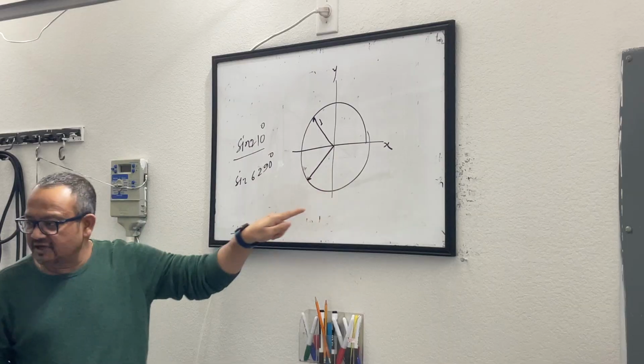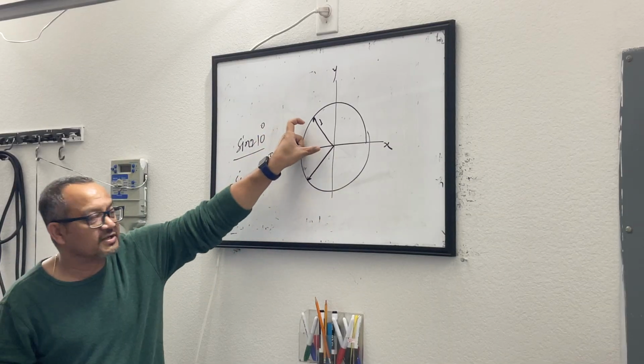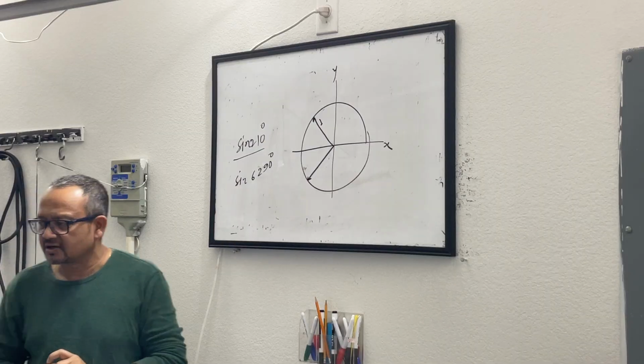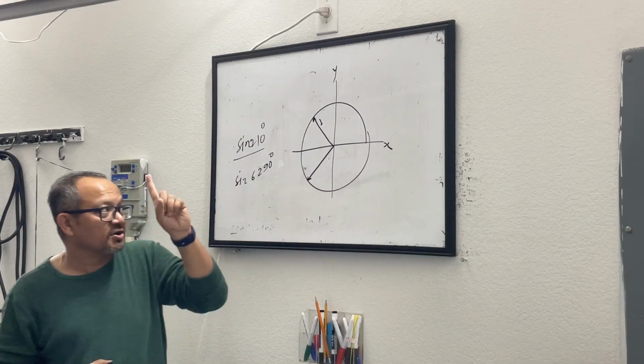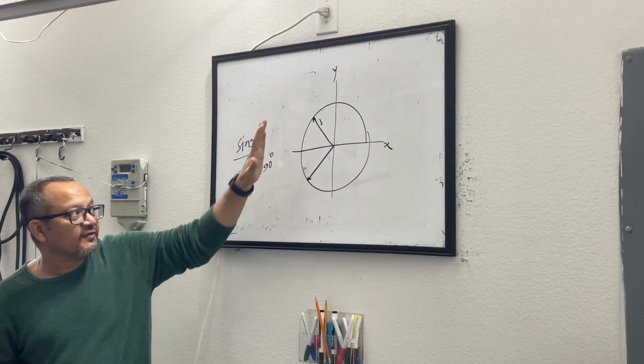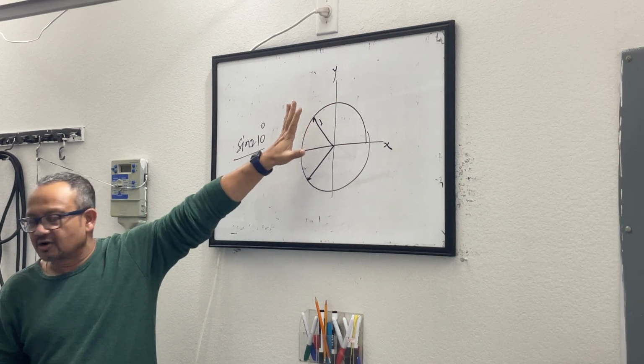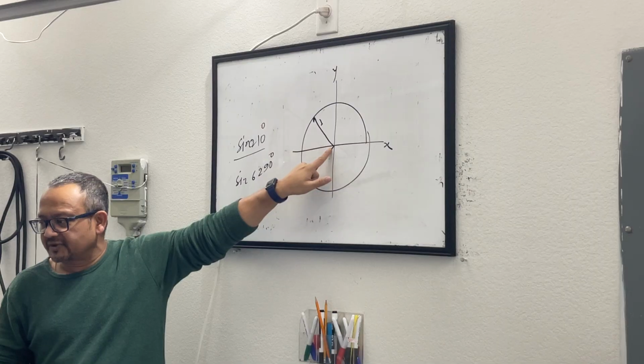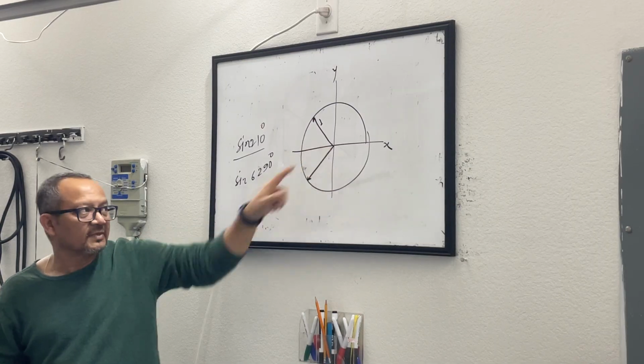This circle has a unique property that the radius is 1 unit. Be it 1 centimeter, 1 inch, 1 mile, 1 yard, doesn't matter, but 1 unit. And we are visualizing this circle in a coordinate plane where the origin of the coordinate plane coincides with the center of the circle.